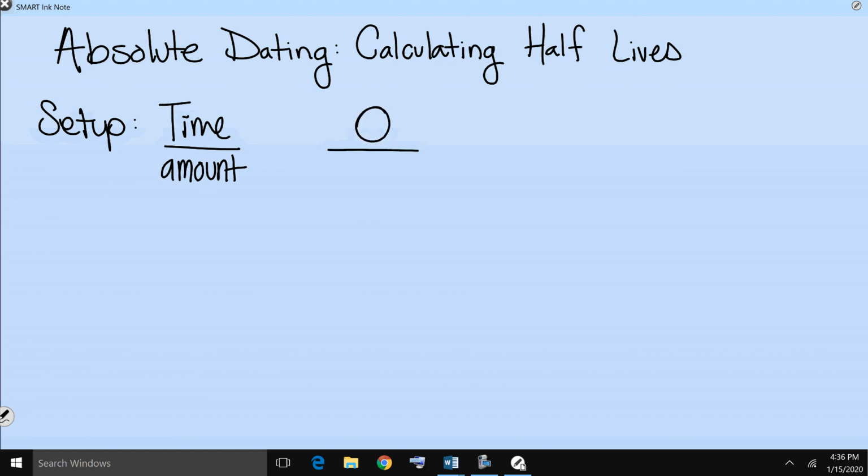At time 0, the present, the timer has just now started, it is at 0. So the time over our amount. Now that could be 1,000 grams, or maybe 0 over 20 atoms. It's always going to be our time in seconds or days or weeks or years or something like that.